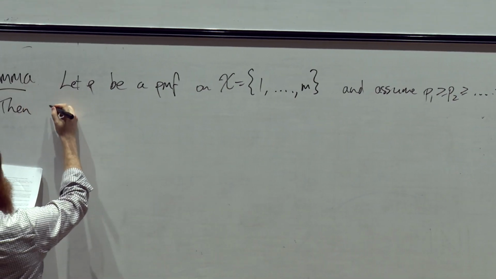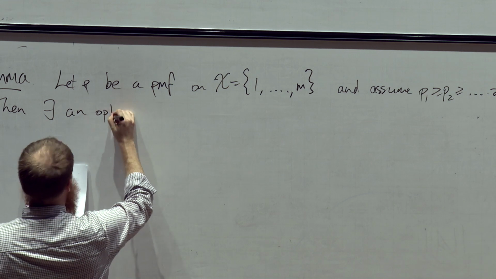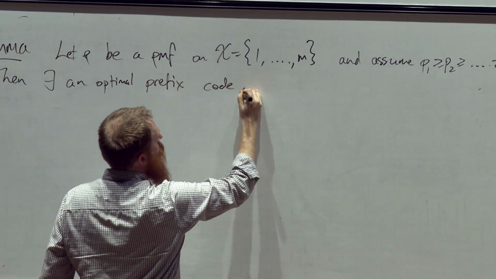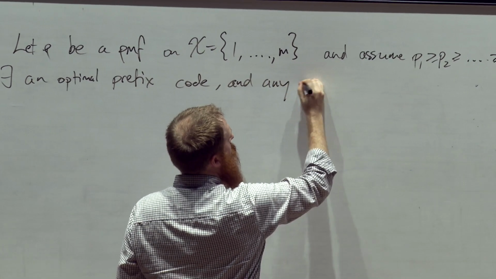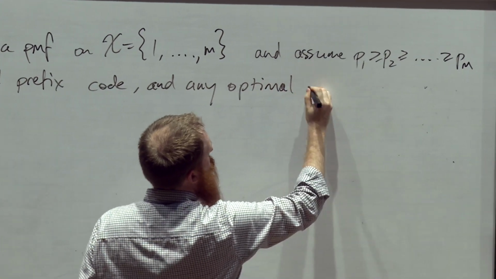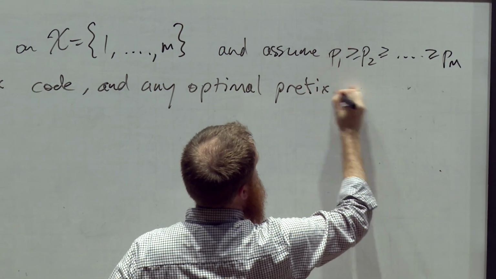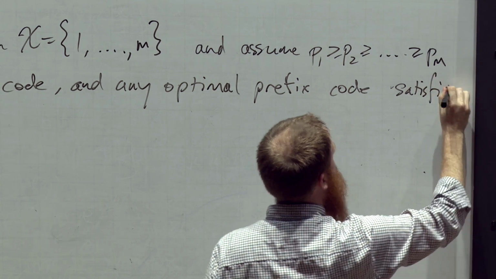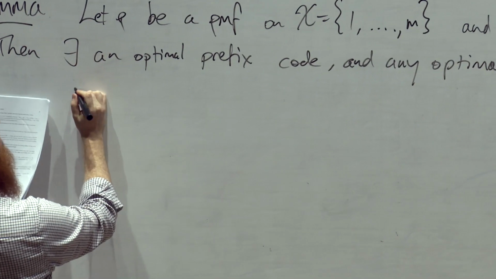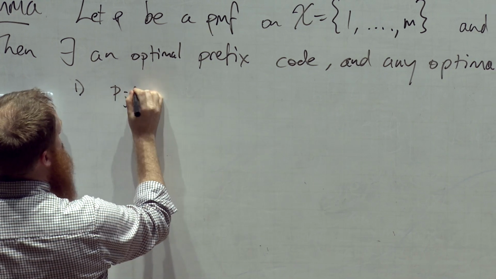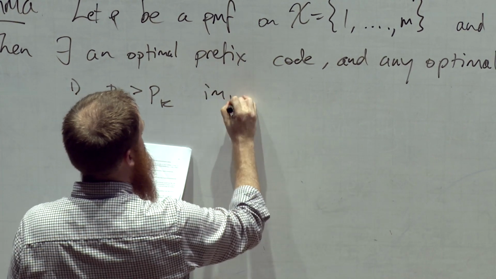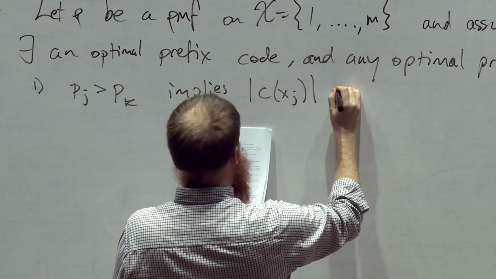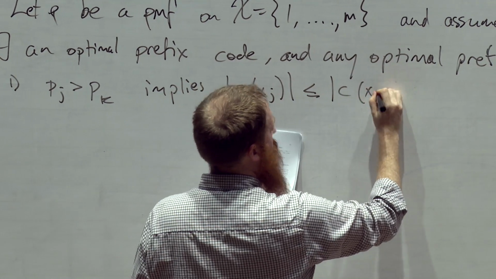Then there exists an optimal prefix code, and any optimal prefix code satisfies a few statements. 1, Pj greater than Pk implies C(xj) is less than or equal to C(xk).